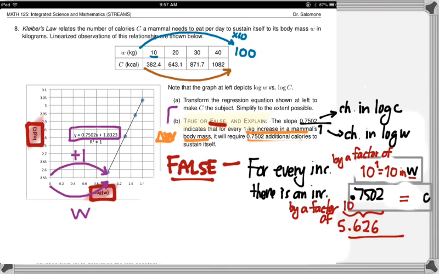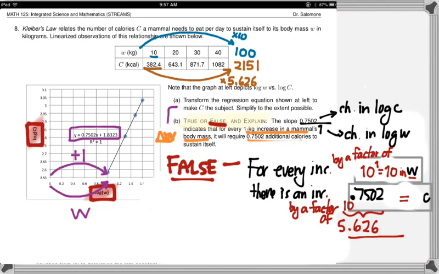When the mass goes up by a factor of 10, the calorie consumption goes up by a factor of 5.626 that we saw down at the bottom. So to figure out this animal's calorie consumption, just multiply 382.4 by that 5.626. And what do you get? 2151. Let's leave it at 4 sig figs right there.